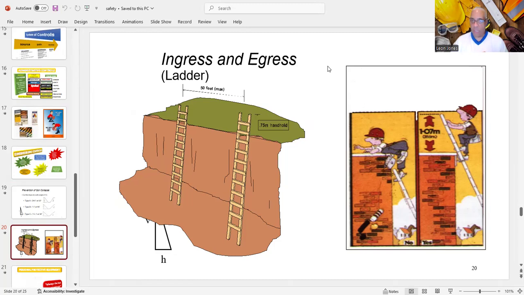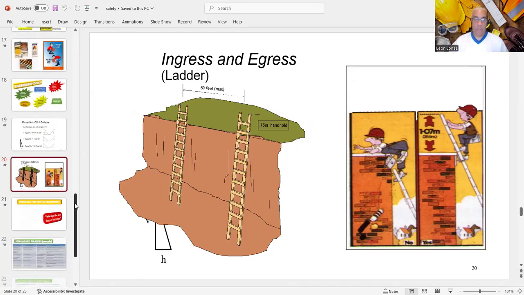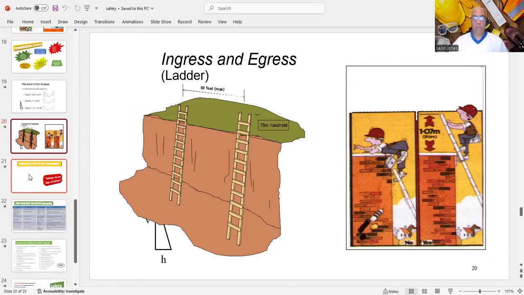But you still need a ladder to get in and out. Because let me tell you something. I have to get into this again, talk about confined spaces. A trench can be a confined space if you're not careful. Why? Because it's basically, yes, you can breathe, but it's still enclosed.